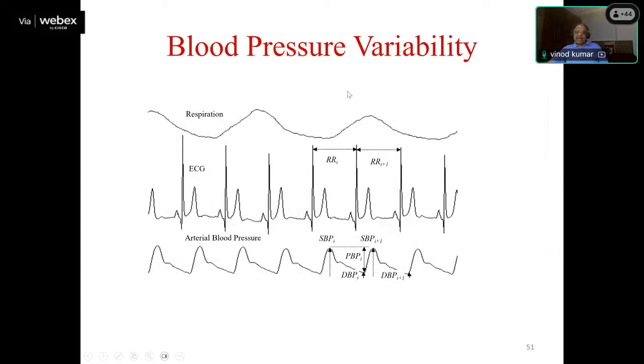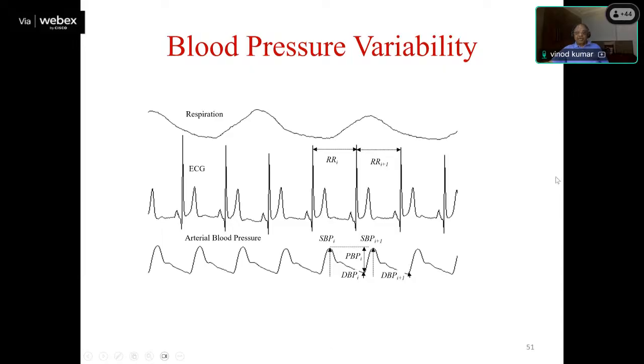Now, along with heart rate variability, that is ECG RR interval, respiratory variability and blood pressure variability are also important. Studying the correlation between respiratory variability, heart rate variability, and blood pressure variability gives a much better idea of my autonomic nervous system.